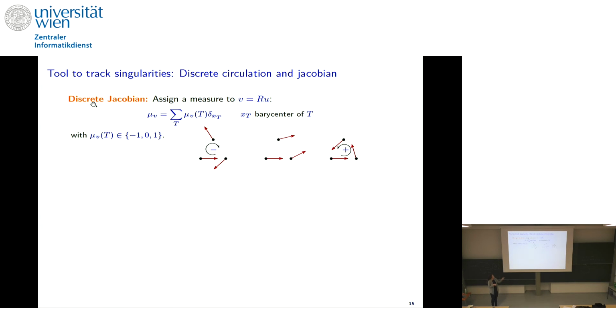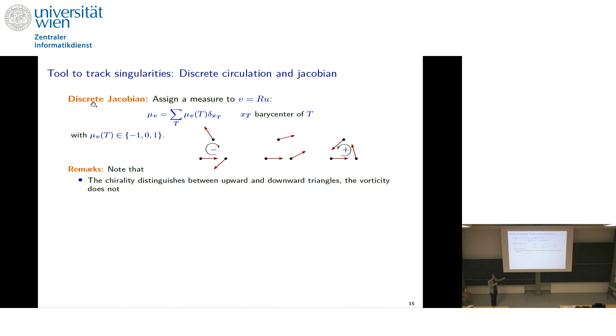So it's either -1 if I'm covering S1 rotating clockwise, 0 if I don't rotate, and +1 if I'm covering S1 rotating counterclockwise. So this is a quantity that I can associate to any triangle, and then I obtain a measure by multiplying this with a Dirac delta in the barycenter of the triangle. So this is a discrete vorticity measure.